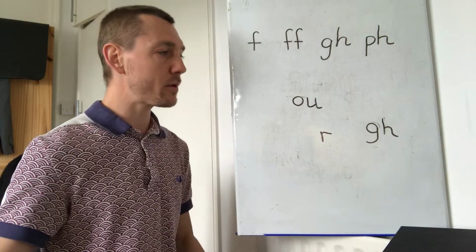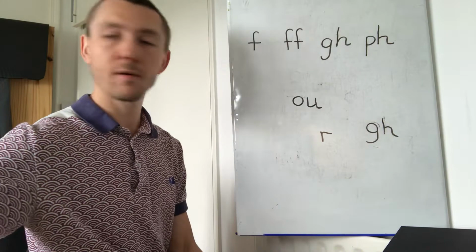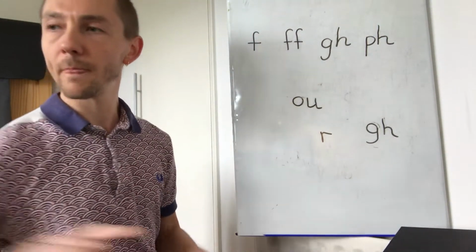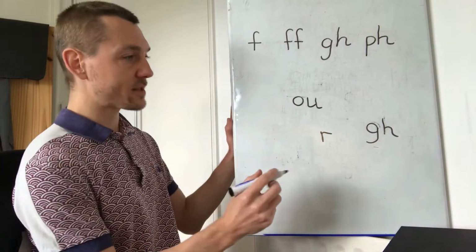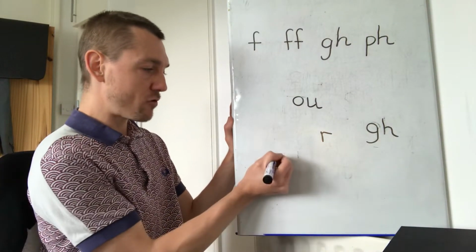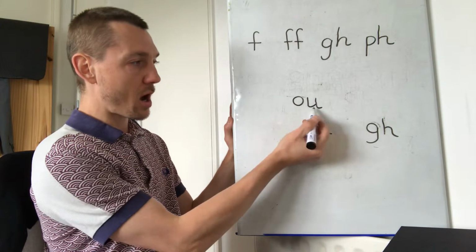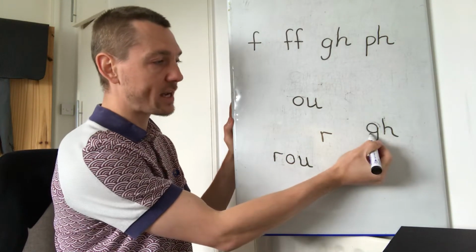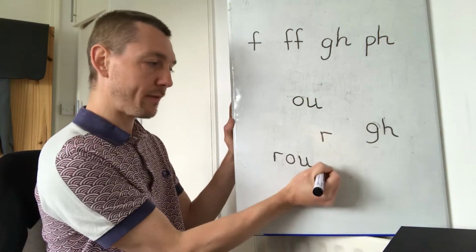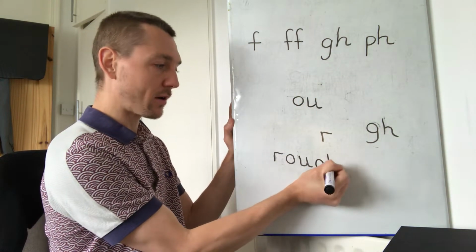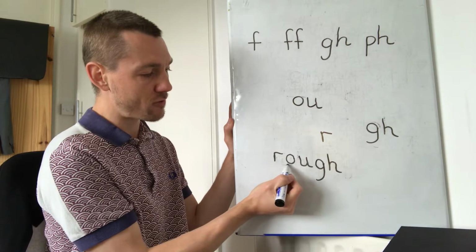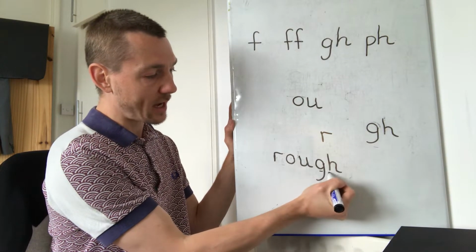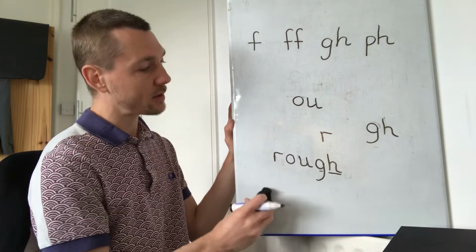Not smooth, but rough. And we say the sounds to build the word. We say r, u, with an OU spelling. And the GH spelling is there again for the f sound. Okay, so we say rough. And we've got the GH spelling of f.